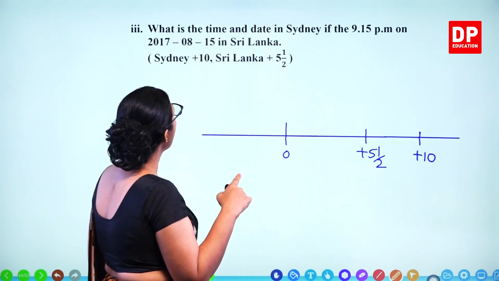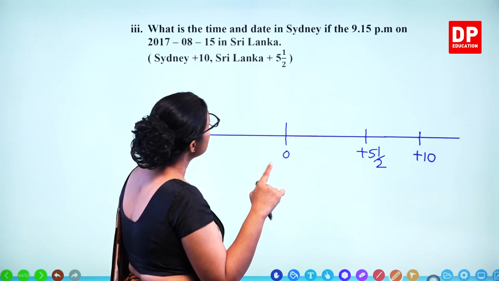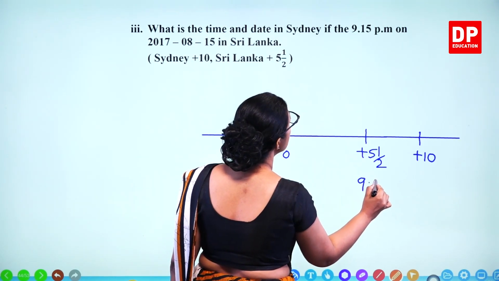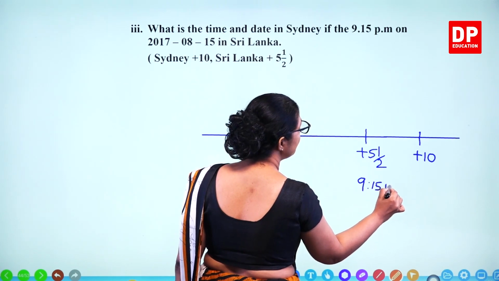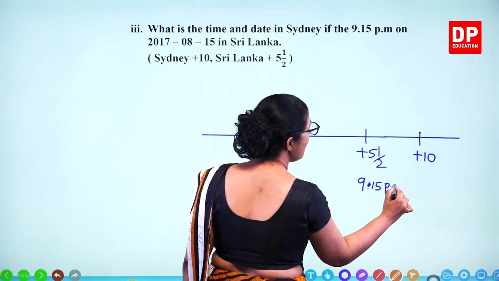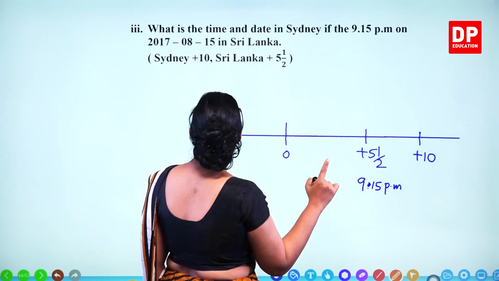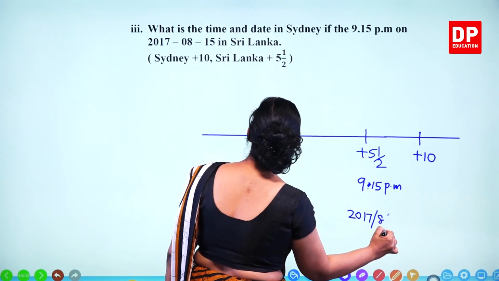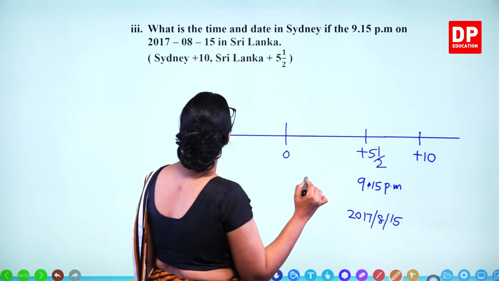That's Sydney. It says what is the time and date in Sydney if 9:15 p.m. on 2017, 8:15 in Sri Lanka.